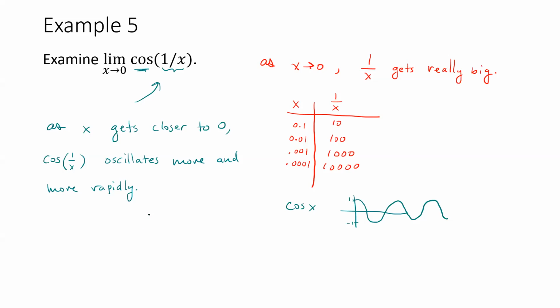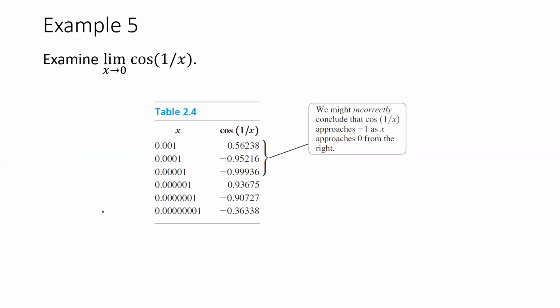So you get something where as x gets closer and closer to 0, the function just kind of bounces back and forth between 1 and -1, and as it gets closer to 0, it just does it more and more rapidly. Okay, so to kind of get a better picture here, let's look at maybe a table of values here.